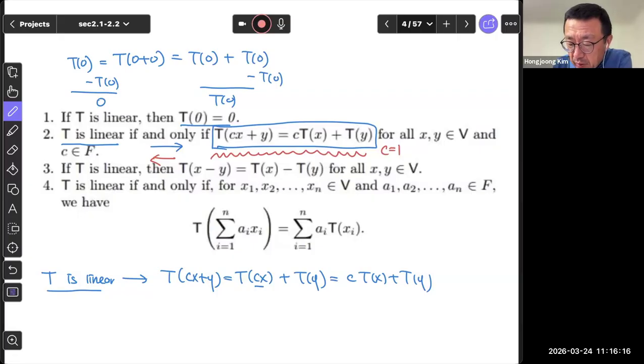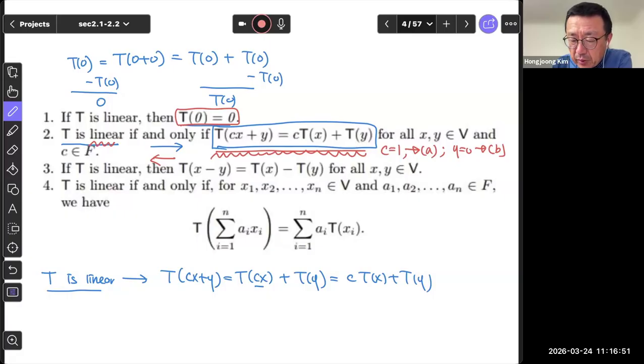When y is 0 vector, since T of 0 is 0, you get the axiom B, the second requirement. So if the right-hand side is satisfied, then that will satisfy the two requirements for a linear mapping. So your mapping will be linear.